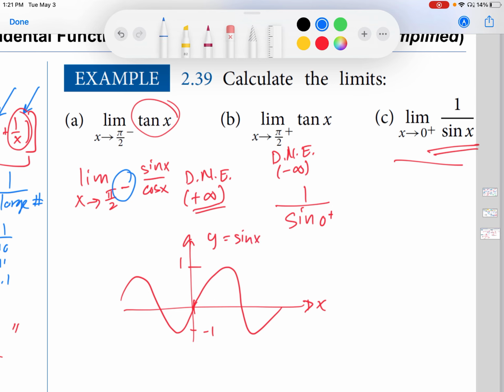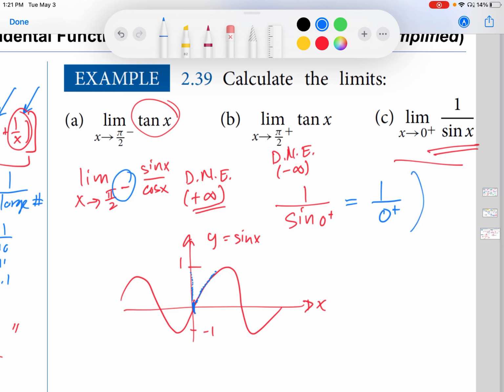So if I approach 0 from the right, here is x equals 0, and I'm approaching 0 from numbers above 0. You notice that all the y values are positive, and they're decreasing towards 0. So taking the sine of numbers approaching 0 from the right gives me something that is tending to 0, but approaching from the positive side of 0.